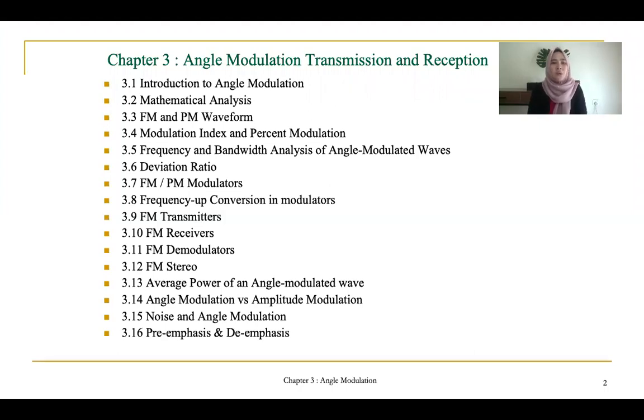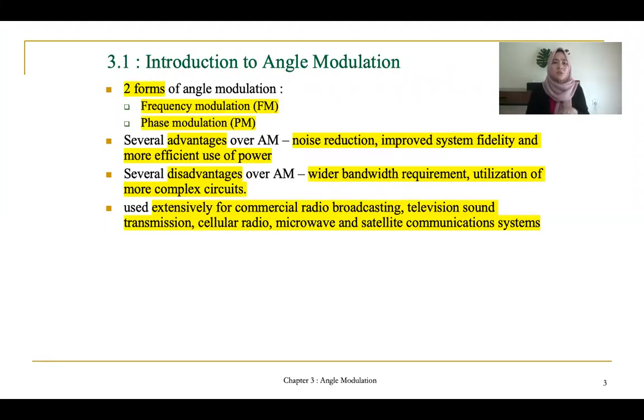Chapter 3 part 1 will cover up until 3.4, modulation index and deviation sensitivity. So this is what I've told you before, that there are two forms of angle modulation. The first one is frequency modulation, and the second one is phase modulation.